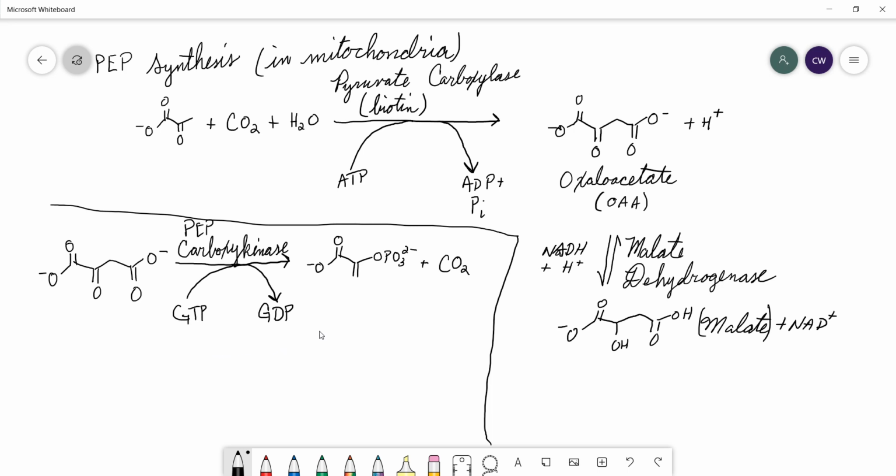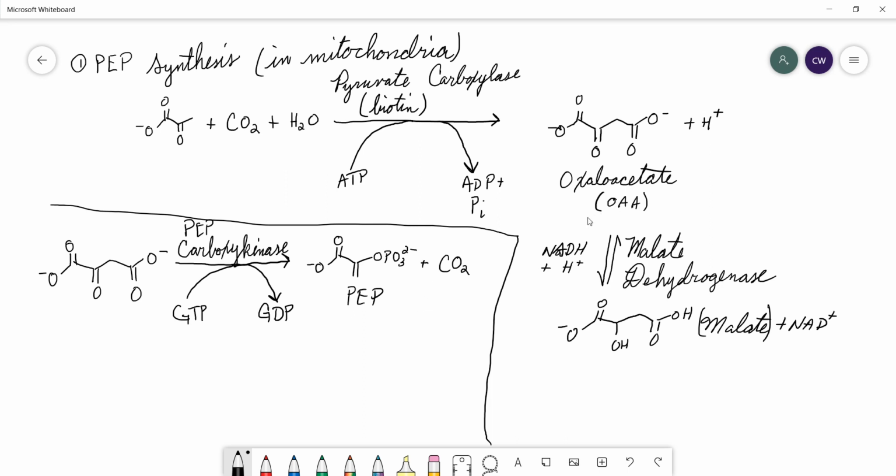As I said, for humans, this PEP synthesis happens both inside and outside our cell mitochondria. So sometimes some mitochondria will process the whole thing, and it'll emit PEP. PEP is able to get through the mitochondrial membrane, no problem.